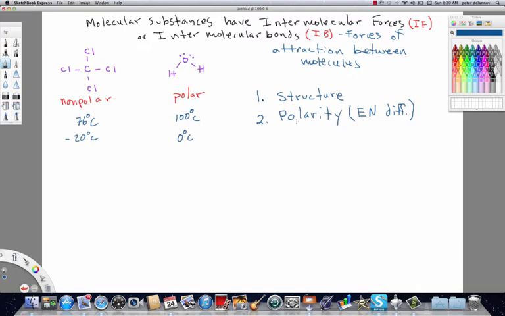All right, the idea being of being able to establish whether or not there are going to be opposite charges on opposite ends of the molecule.